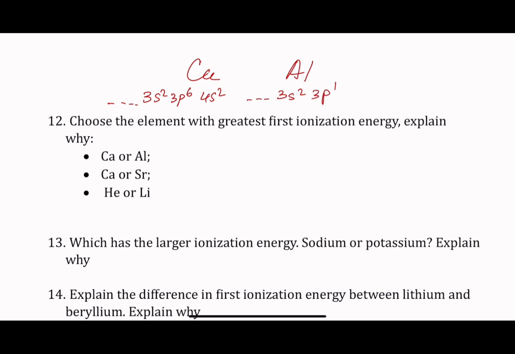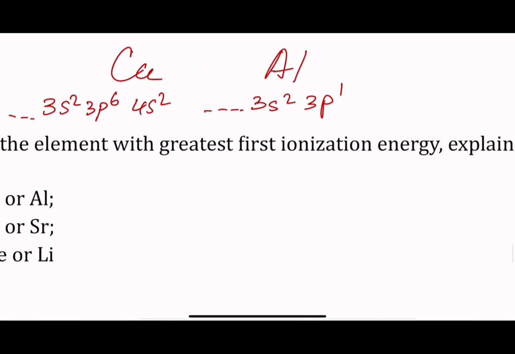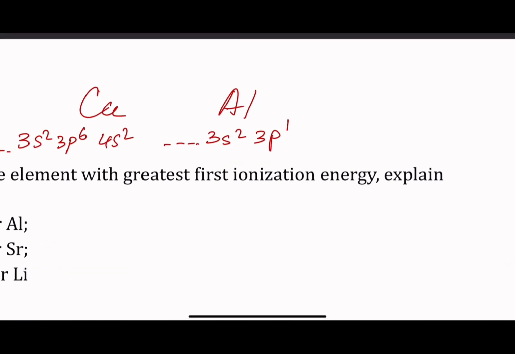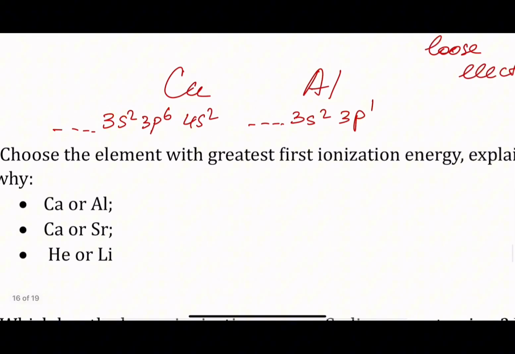That's what we have. Now, in order to ionize, these metals need to lose an electron. So we have the third shell and the fourth shell in calcium, and in aluminium we have only the third shell.